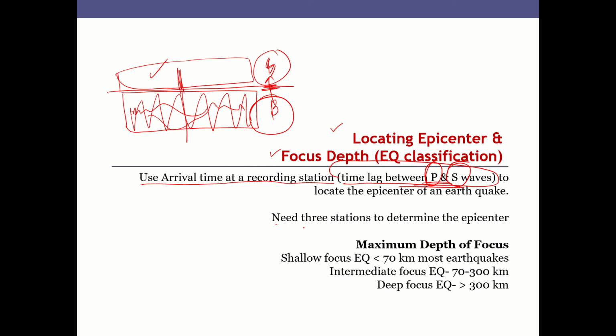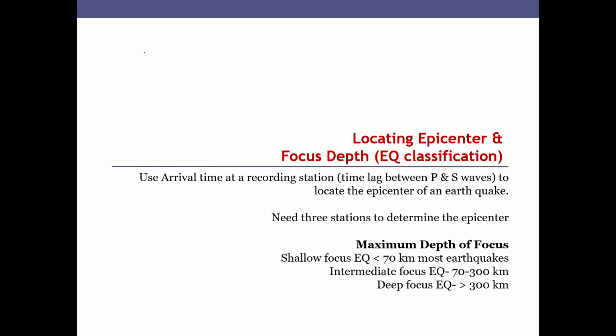Okay, we need 3 stations to determine the epicenter. What is that? I think this is in line with, for example, weather stations. The other day I was explaining, for example, Vijayawada does not have a direct weather station within the city.